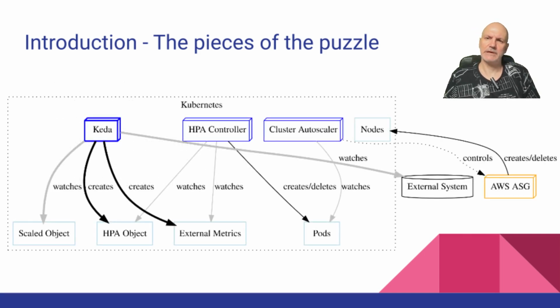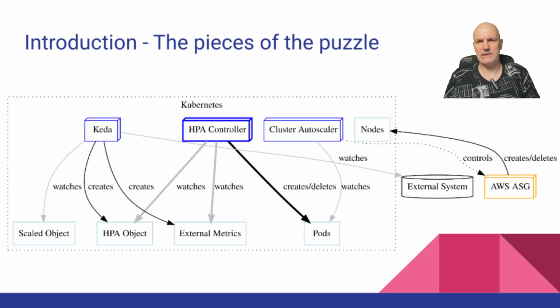KEDA helps bring the required metrics into the Kubernetes world and creates HPA object. The HPA controller monitors the metrics according to the definition in the HPA object and reacts to the changes in it by removing or adding the pods in an application.